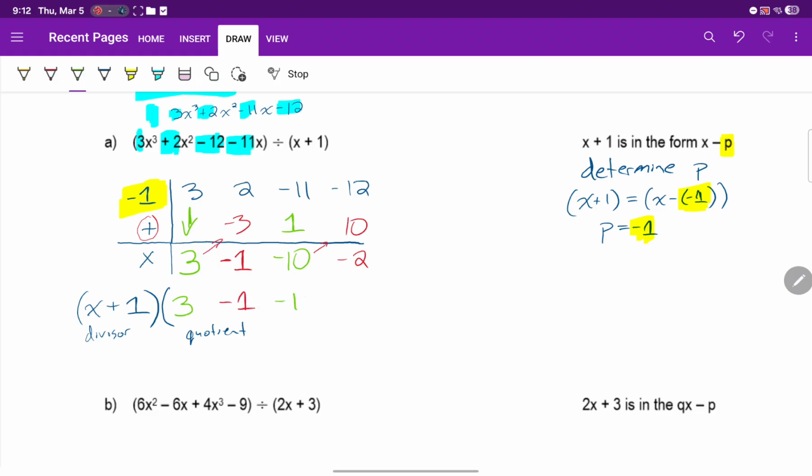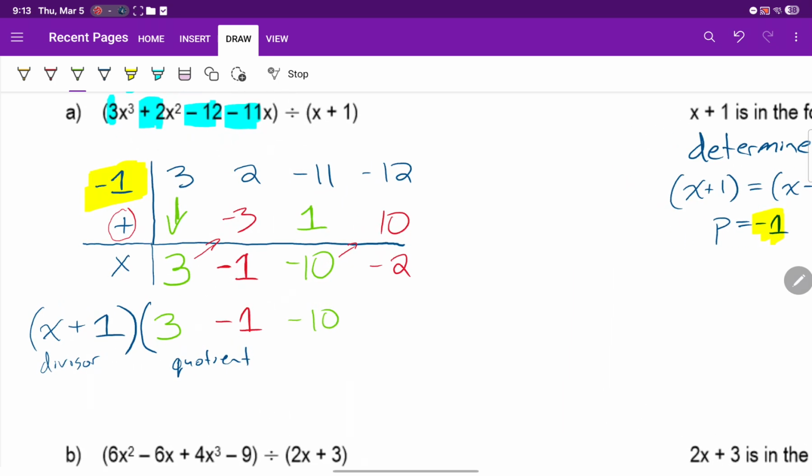and the -10. Now, what's important here is these were coefficients, and these were coefficients of x to the power of 3, x to the power of 2, x to the power of 1, and x to the power of 0. In my quotient, all that happens is these drop down by 1 degree each.